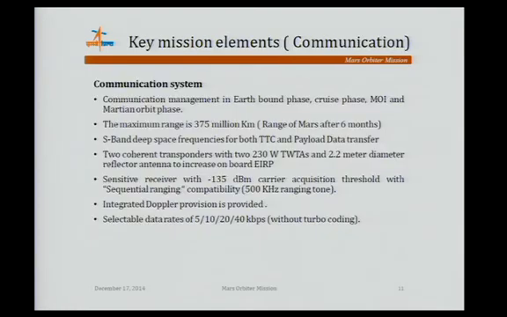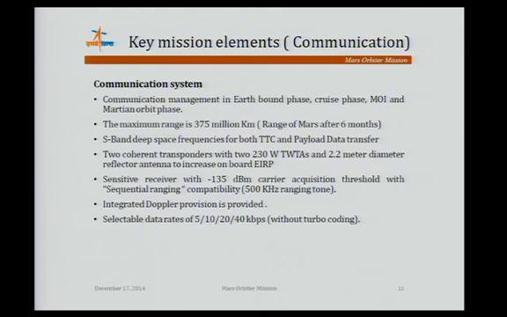Next, communication system. The communication system manages the Earth-bound phase, cruise phase, as well as the MOI phase. The maximum range was 375 million kilometers, required about 6 months after the launch. S-band deep space frequency is used for both command and telemetry and payload data transfer. 2 coherent transponders with 230 watt TWTA were used with a 2.2 meter diameter reflector antenna.